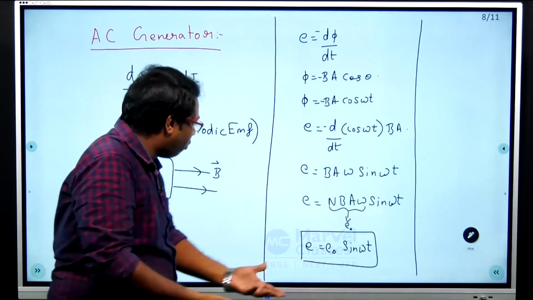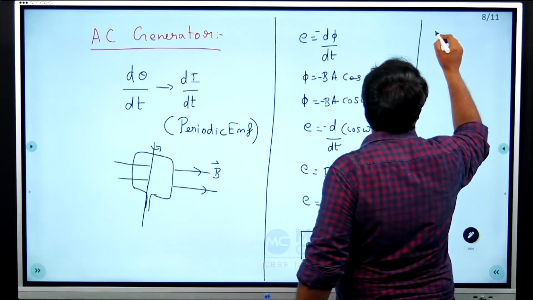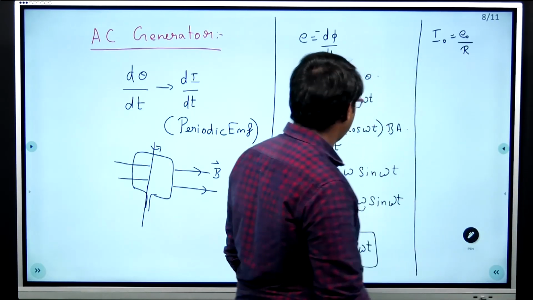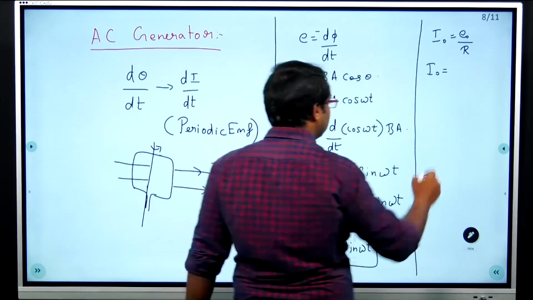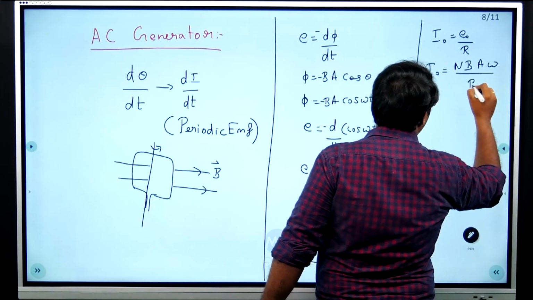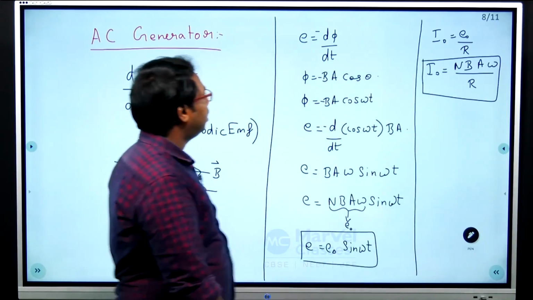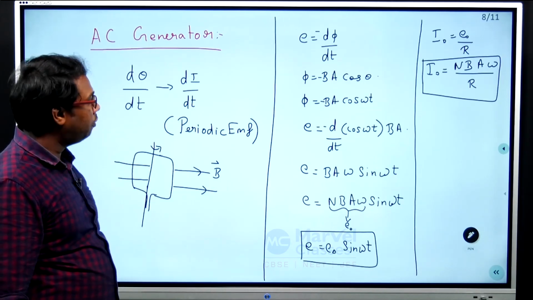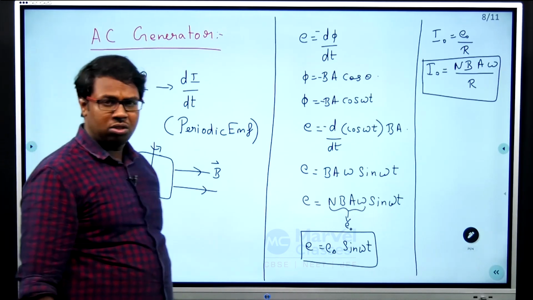So if I ask you to find the peak value of current that could be produced, it is given as I naught is equal to E naught by R. Plugging everything in, the peak value of current is N B A omega by R. This is the peak value of the current that could be produced using a generator, where B stands for the magnetic field, omega stands for the angular frequency and R stands for the resistance of the coil.